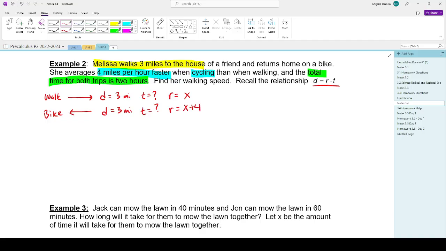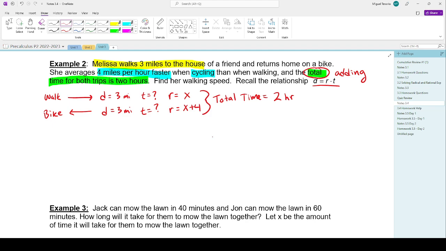So it was 4 miles per hour faster. Now, this is the kicker here, because when they tell us the total time, total is a huge indicator for adding. So what we're saying is that together, my total time came out to 2 hours. That I know for sure.